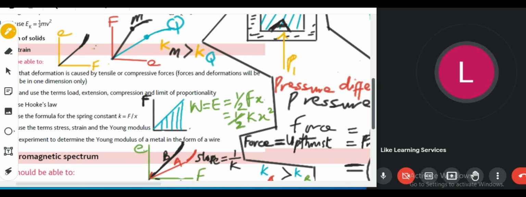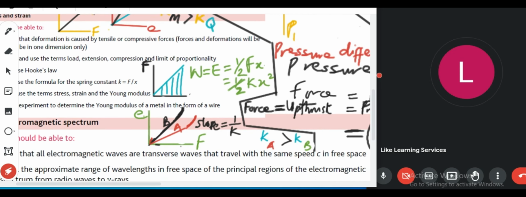But I need you to see the difference. When you plot E against F, the slope is not K, but it's 1 over K. So even though B is steeper than A, the black one here is steeper than the red one, meaning that B has a higher slope than A, the spring constant of A is bigger than the spring constant of B. The spring constant of A, the red one, is bigger than the spring constant of B, the black one.